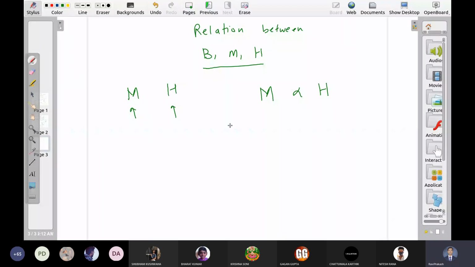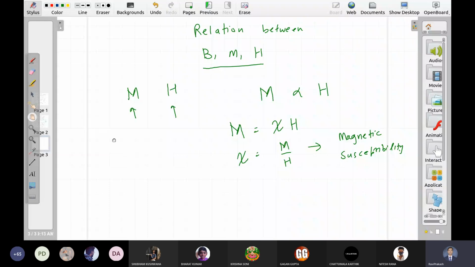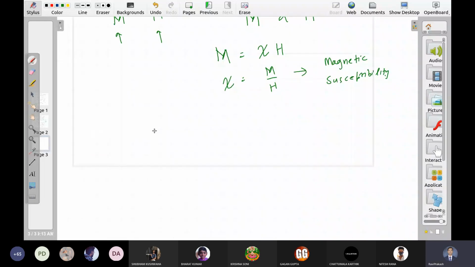Or we say M is equal to chi H, so chi is equal to M upon H. And this is called magnetic susceptibility. What about the connection between B and H?